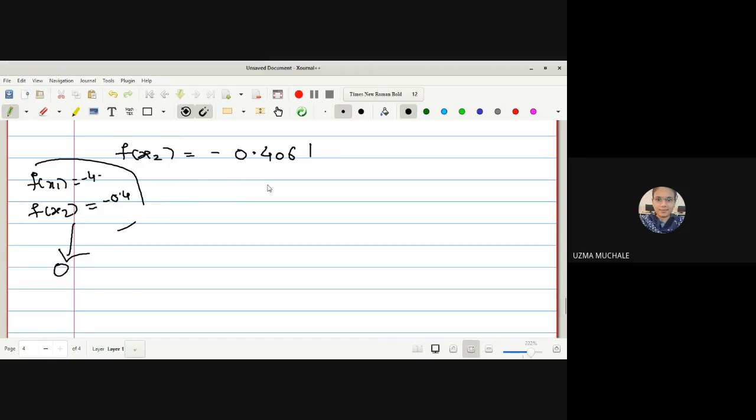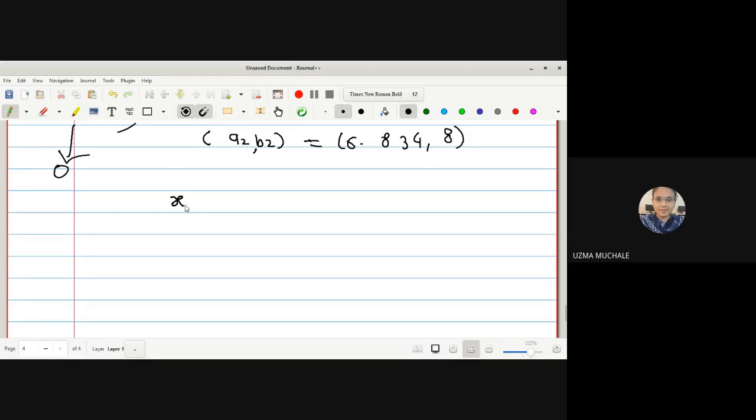Now we'll calculate the next one. The next interval that we can choose is again, f of a1 into f of x2 is greater than 0, because both are negative. So the resultant is greater than 0, and hence the new interval that we can choose is a2 b2 equal to 6.8348.